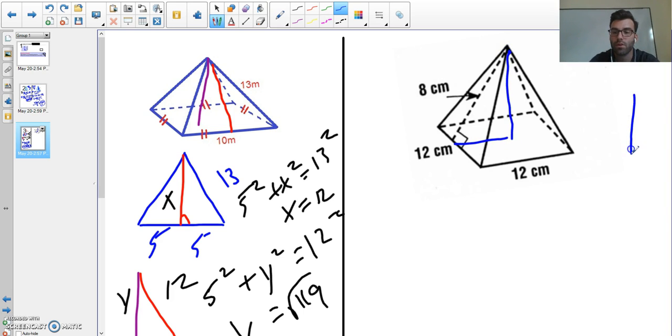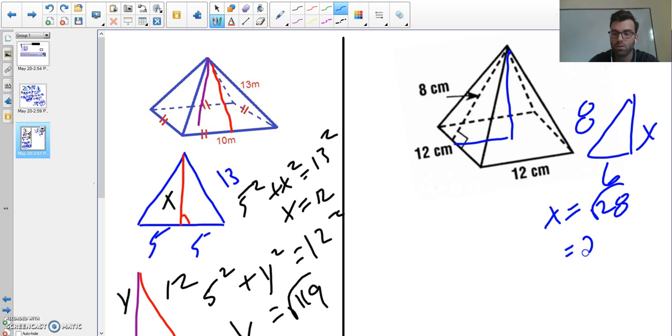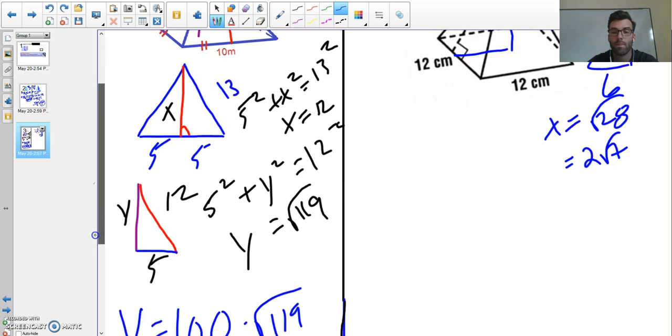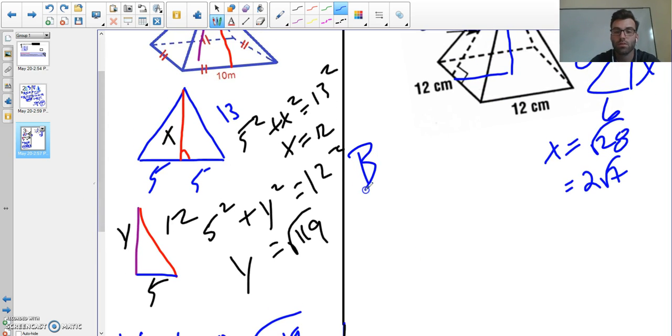So there's my triangle with the 8, 6, and x, and you should get x to equal square root of 28, which is 2 root 7, and that is your height. You have a square base, so the base equals 12 times 12, which is 144.